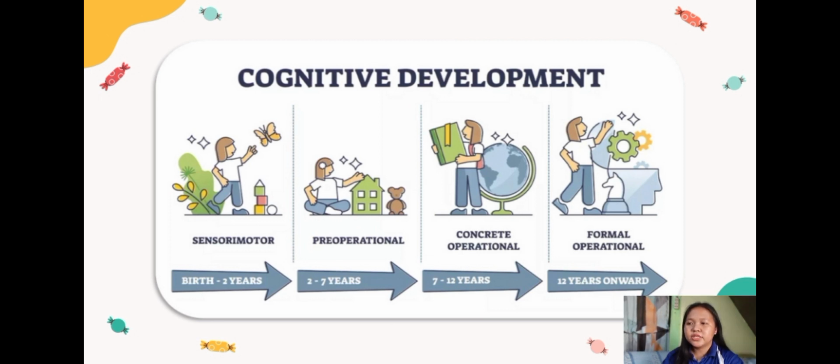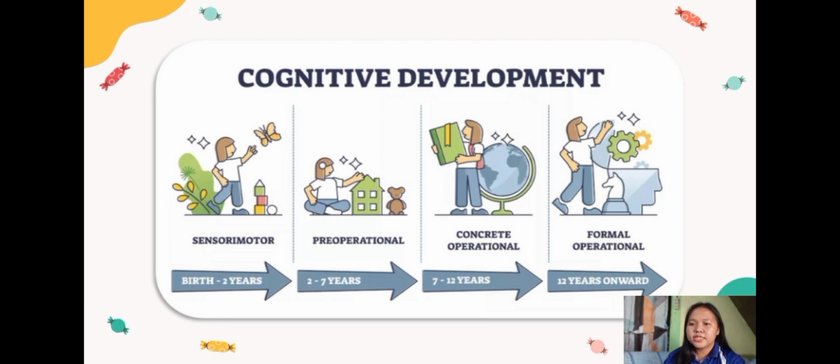The third stage is the concrete operational stage from ages 7 to 11. Now we finally discover logic and we develop concrete cognitive operations such as sorting objects in a certain order.